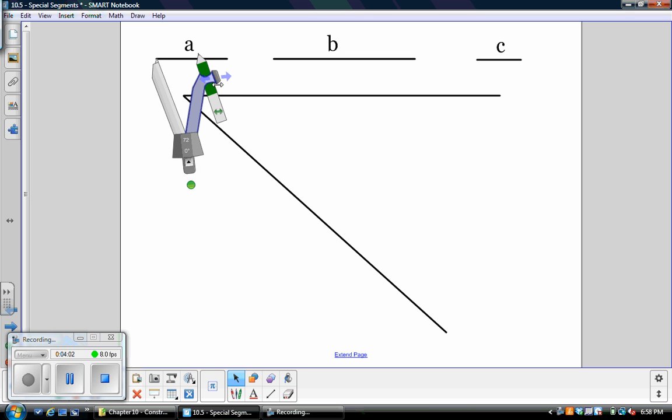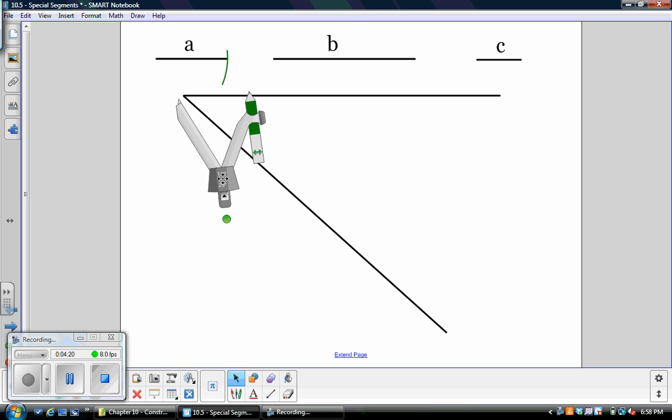Measure out the length of A. We'll move it down a little bit. Rotate it a little bit to see. Oh, that's perfect. So I like to do a little mark. That's kind of showing me your work.